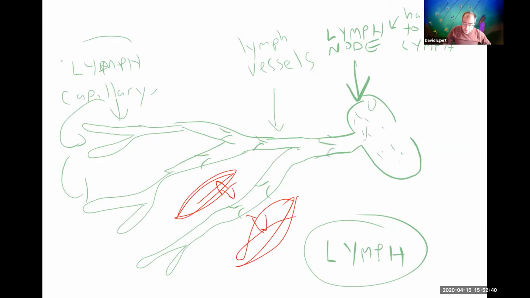As this lymph is percolating, they can filter it, kind of clean it up. And ultimately, where is all of this going to go? So we've got back into the closed circulatory system. Exactly. We have the lymph coming in, going through lymph nodes. There's actually tons of lymph nodes.